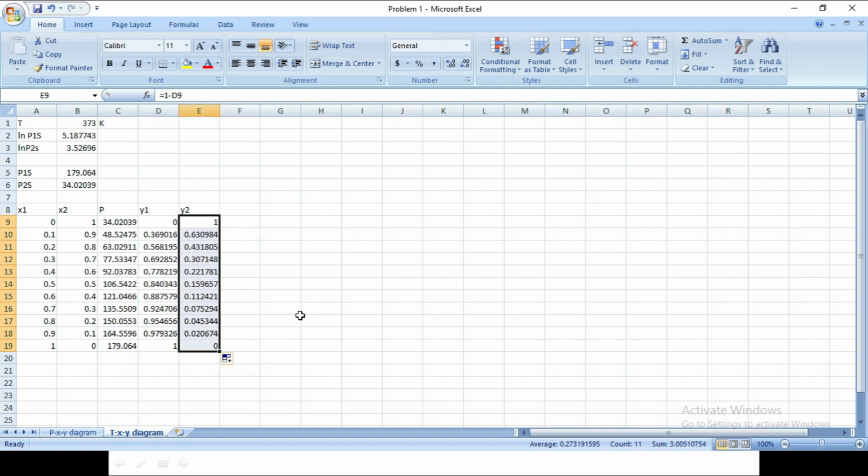We successfully calculated the PXY data for the given benzene ethyl benzene system. Now let us construct the PXY diagram at 373 Kelvin.